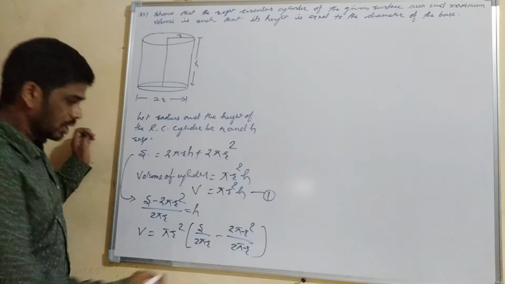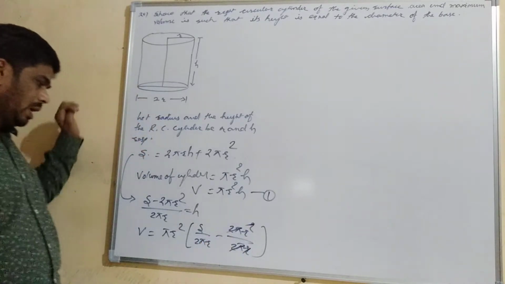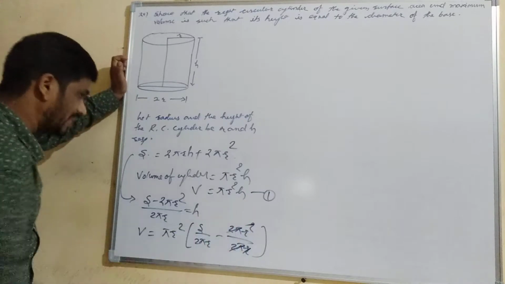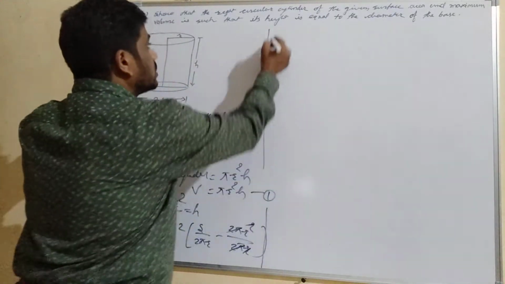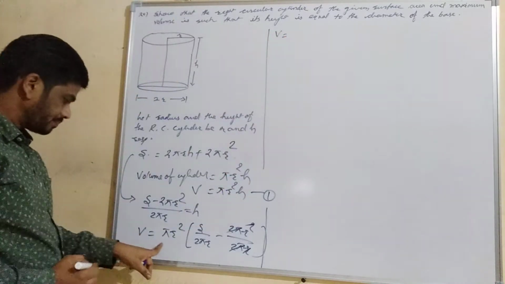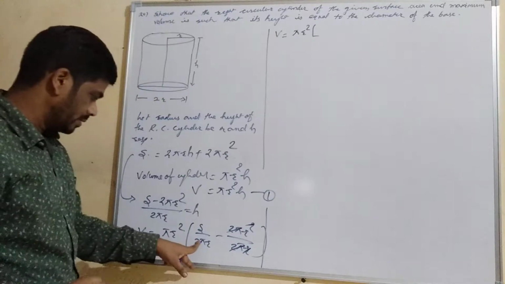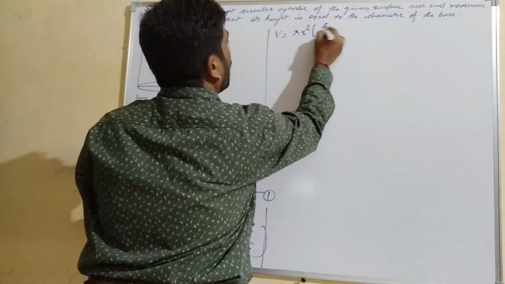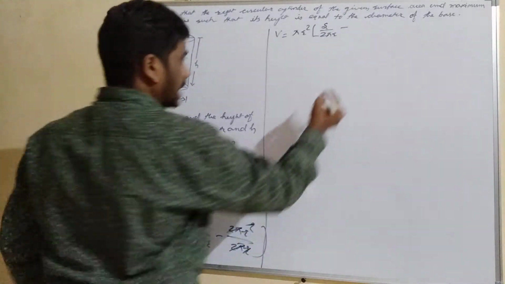So something will be cancelled, this r will be also cancelled. Which means we can multiply this. So volume of a cylinder will be pi r square bracket of s upon 2 pi r minus r, only r is left here.